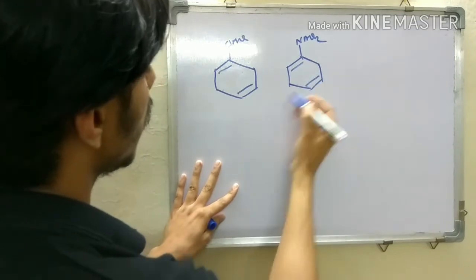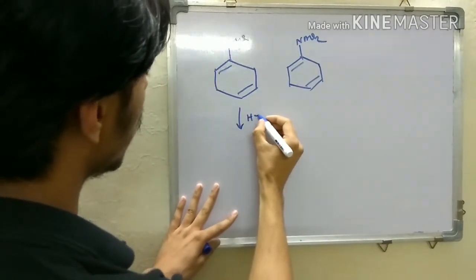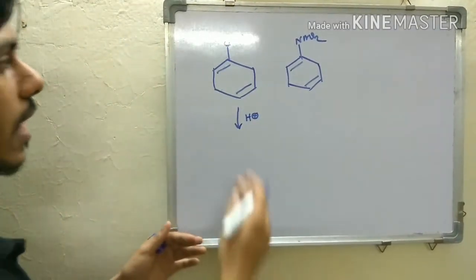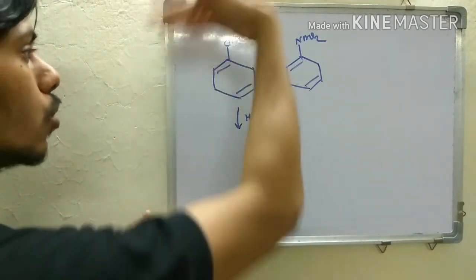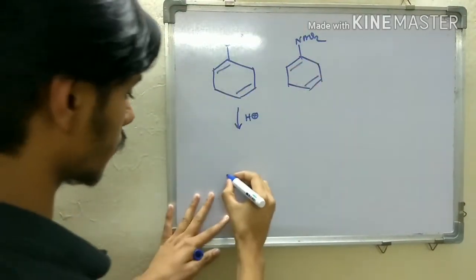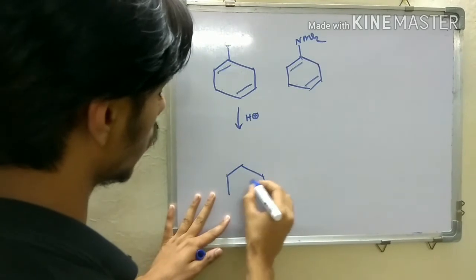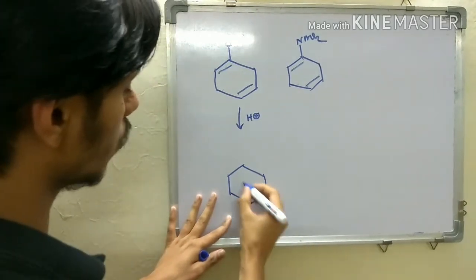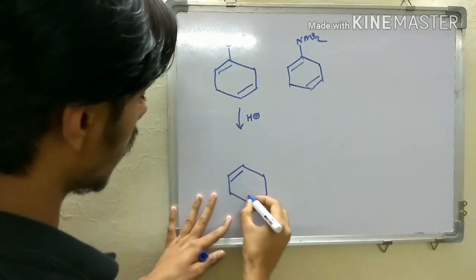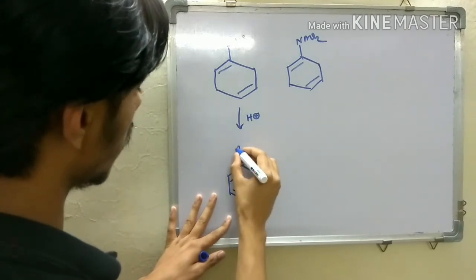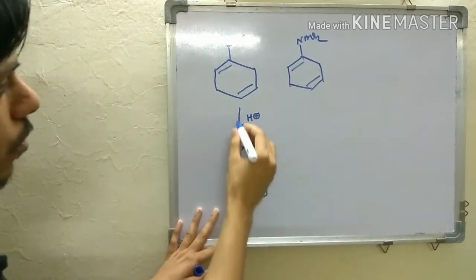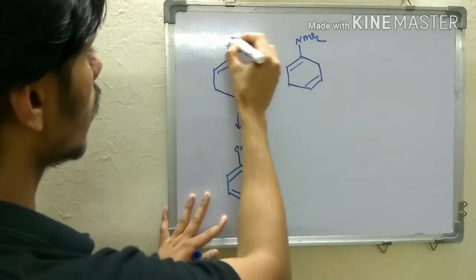But when you treat this with a weak acid, if you don't permit it to go further towards the conjugated product, then you can have a conjugated structure like this. How will it occur?